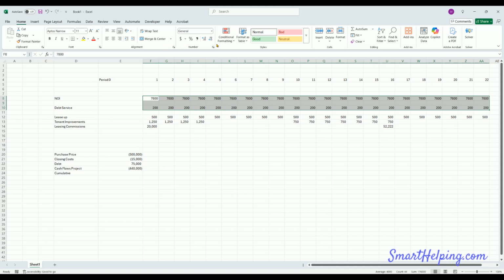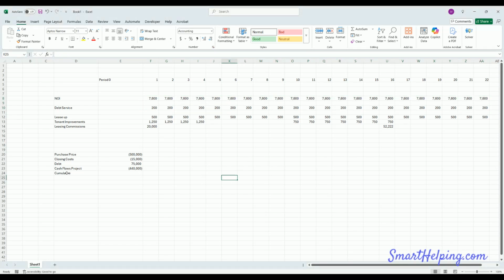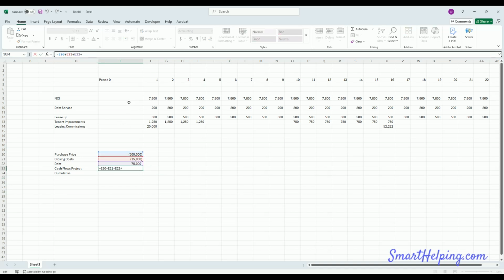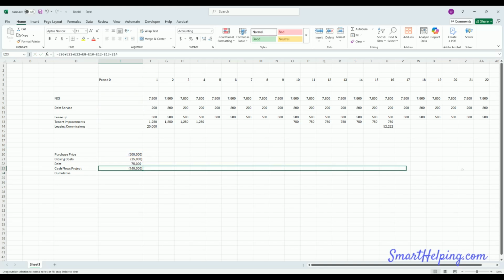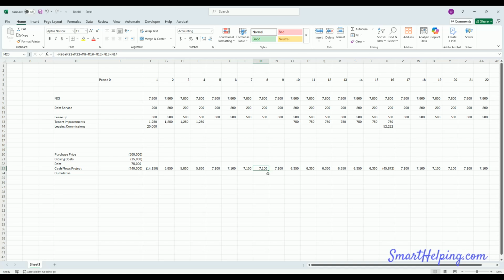Okay. And we want to know, well, here's what our cash flow looks like for the project. And we'll also add in this, minus this, minus this, minus this, minus this. Okay. So we go out 22 months. There's our cash flows. That's when things actually, based on these costs happening, this is how much we expect to have.